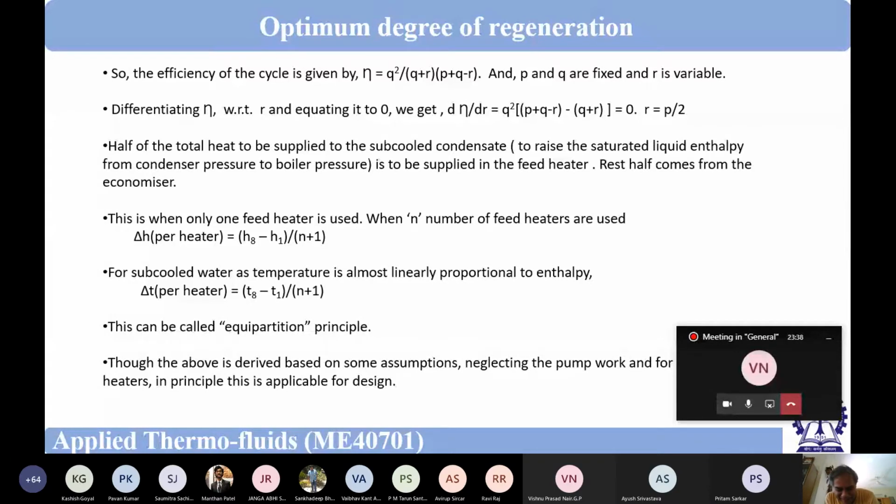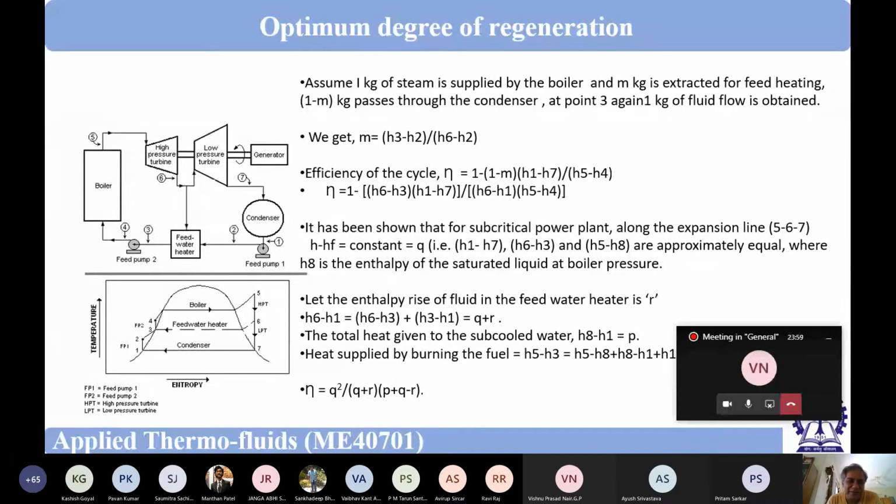So please check your book of thermodynamics. Whatever you have told is absolutely correct, that R should be P, and that will give you the highest efficiency. From logic, that should give the highest efficiency. But in that case, what will happen? Let me go to the previous figure.